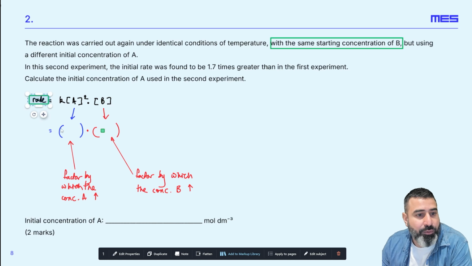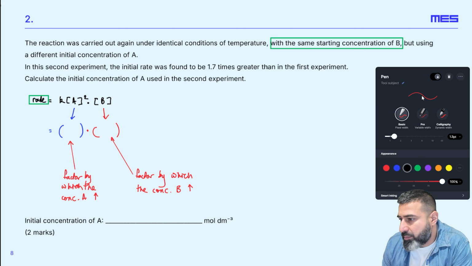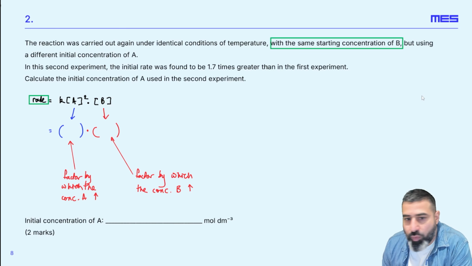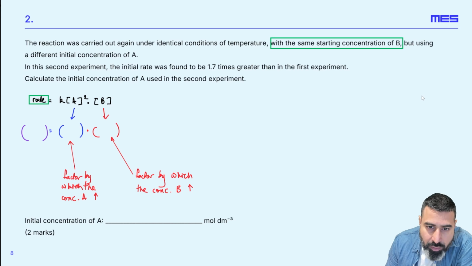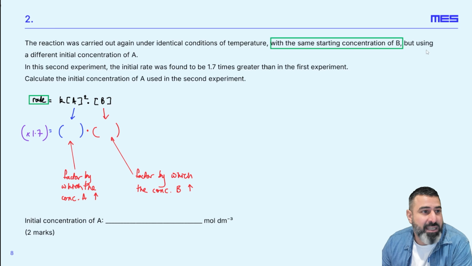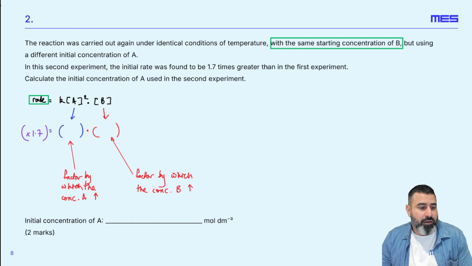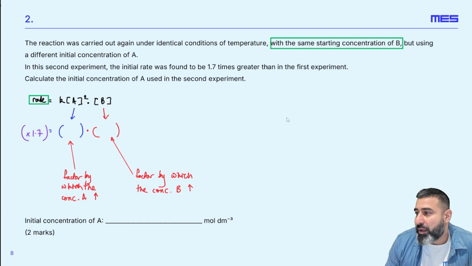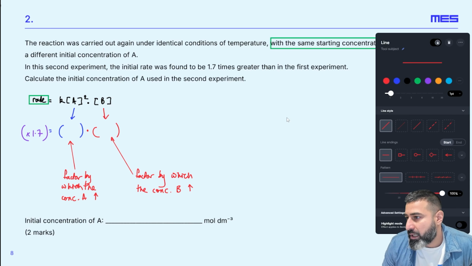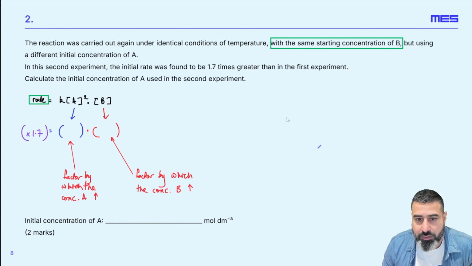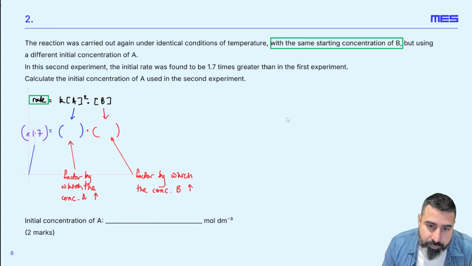Okay, lovely. Where do we go next? So let's put that information down as well. So the rate was 1.7 times greater, increased. Okay, so let's write that down as well as part of our working out, as part of the explanation. Let's do that in blue. Okay.